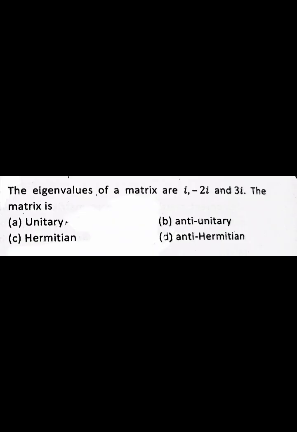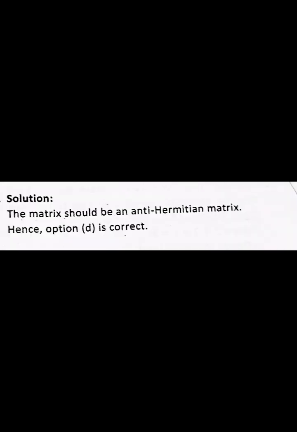The next question is: the eigenvalues of a matrix are i, minus 2i and 3i. The matrix is dash. Here the eigenvalues given are i, minus 2i and 3i. We know that for a unitary matrix and an anti-unitary matrix, the eigenvalues are complex numbers having a magnitude 1.